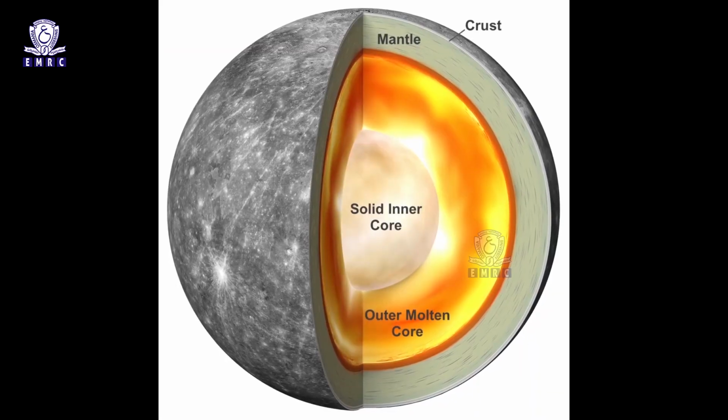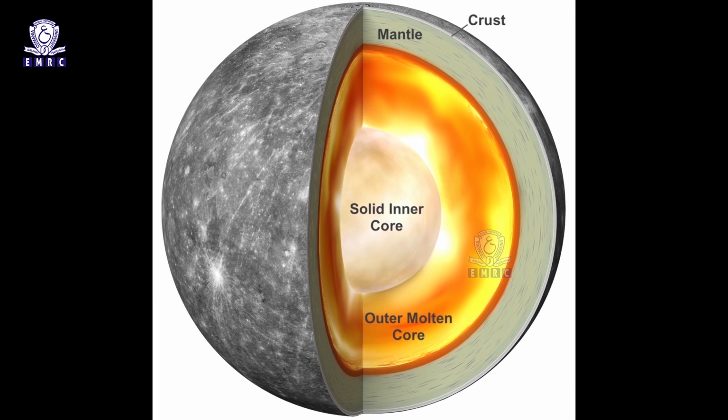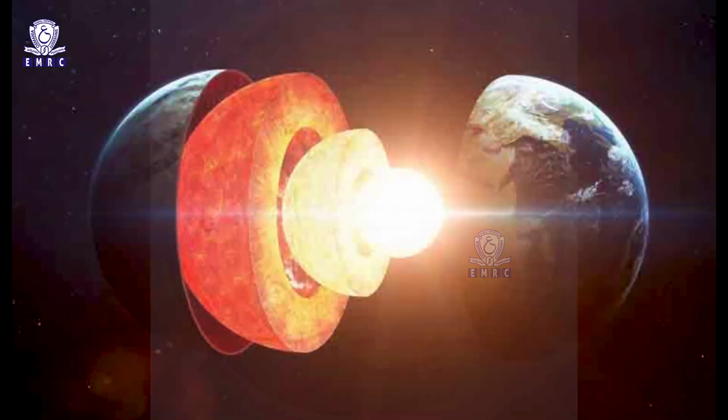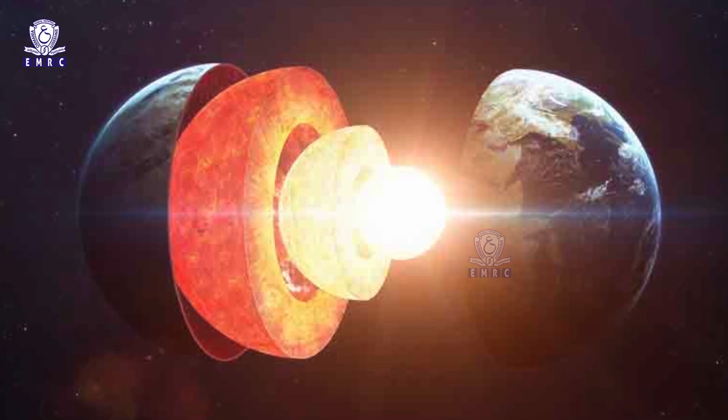The core of the earth is the innermost and the deepest zone of the earth. It extends from the lower boundary of the mantle at a depth of 2,900 kilometers to the center of the earth, that is 6371 kilometers.